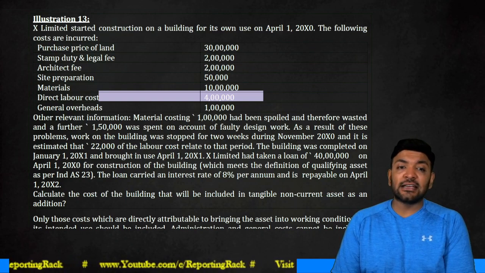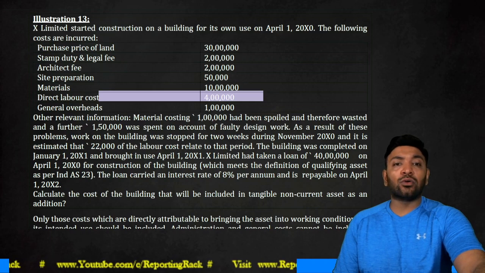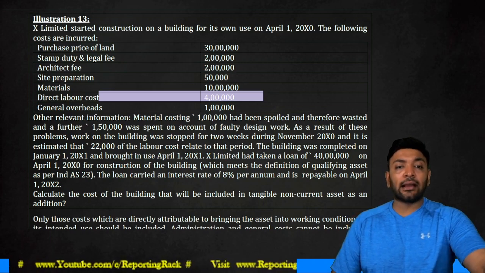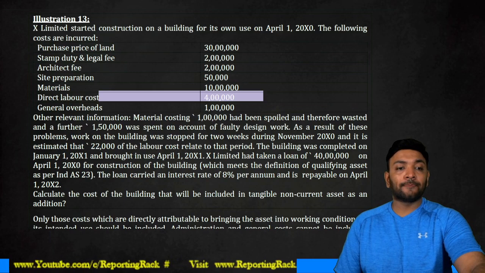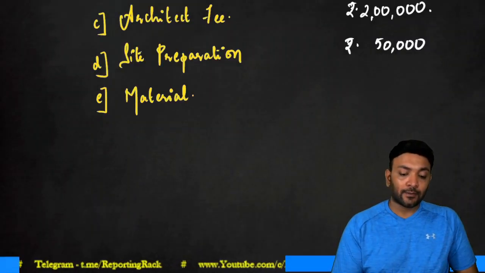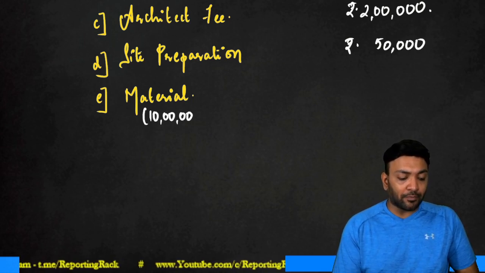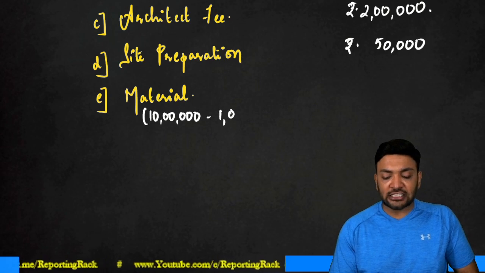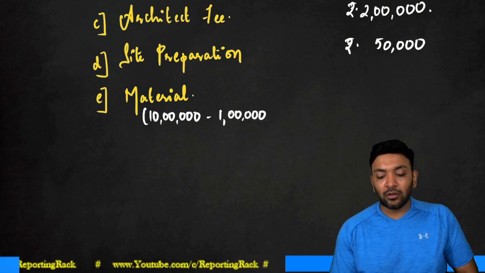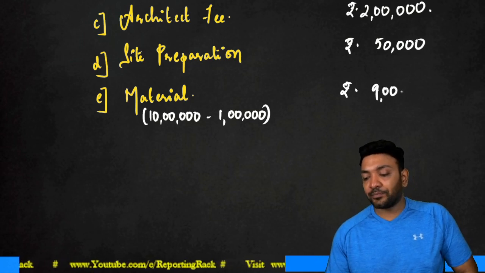So you need not include that. So out of your 10 lakhs, I'll reduce 1 lakh. 10 lakhs minus a lakh of wasted material, so this is only 9 lakhs.